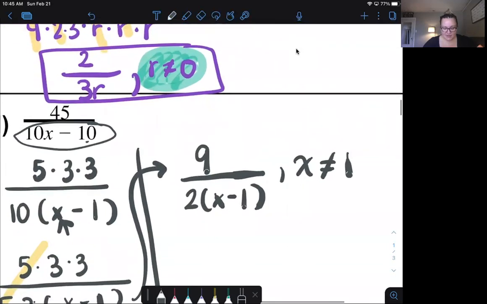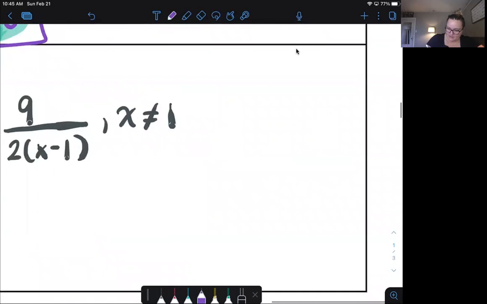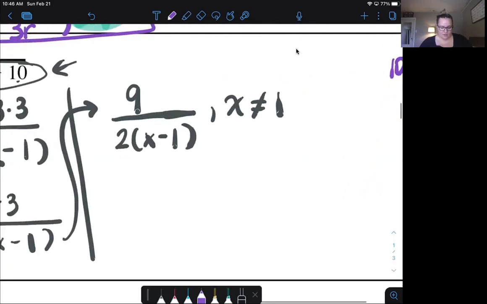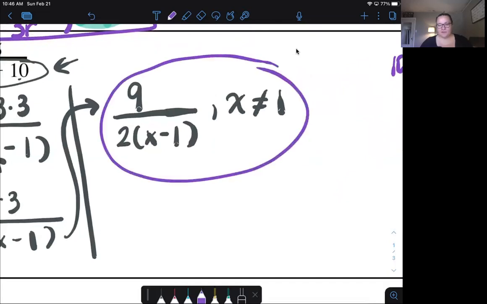And if we want to double check that, we could take 10x minus 10, here I'll do that to the side, and set that equal to 0. We'll add 10, divide by 10, and you get x equals 1. All right. Hopefully our answers match.